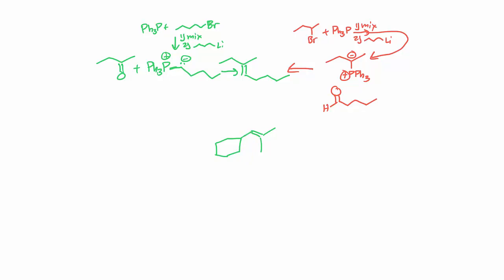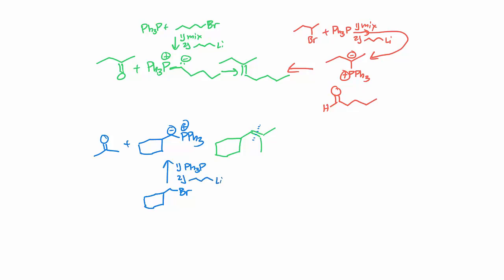So we're going to cut this in half. I'm going to make my carbonyl species, and I'm going to make my Wittig species. And I have that ylide. And again, I can make this ylide via that alkyl bromide, mix it with triphenylphosphine, and second, I can deprotonate with n-butyllithium.